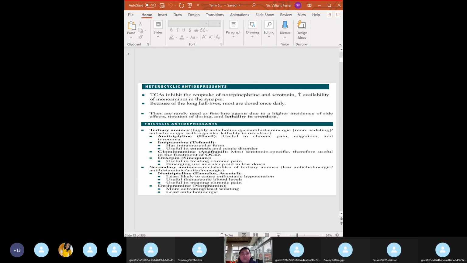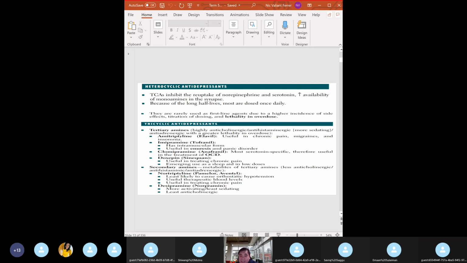Imipramine, useful in high-yield enuresis. What is enuresis, anyone? Bedwetting. Bedwetting, excellent. And panic disorder. Clomipramine, high-yield treatment of OCD. Doxepin, treating chronic pain.